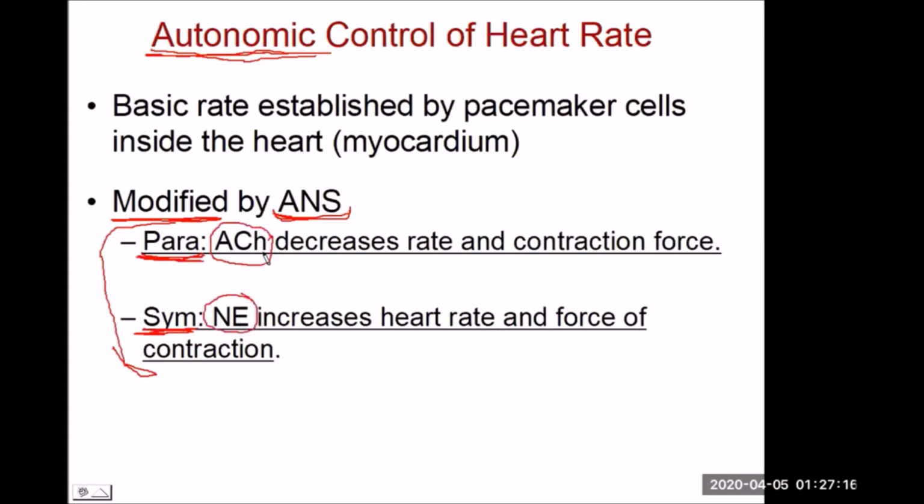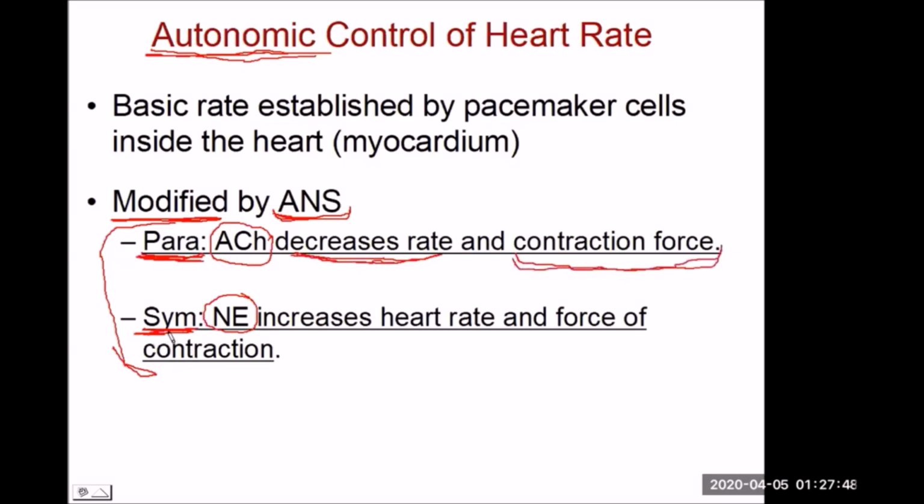So ACh, acetylcholine, and norepinephrine, just using the abbreviation there, NE. With our parasympathetic rest and digest system, our heart's put into a more relaxed state. So the function of the pacemakers and thus the heart is decreased, to allow for a slower resting heart rate and reducing the strength of contraction.